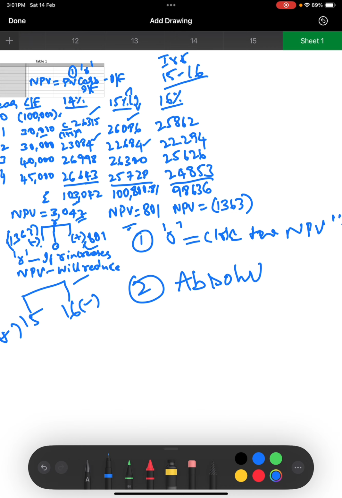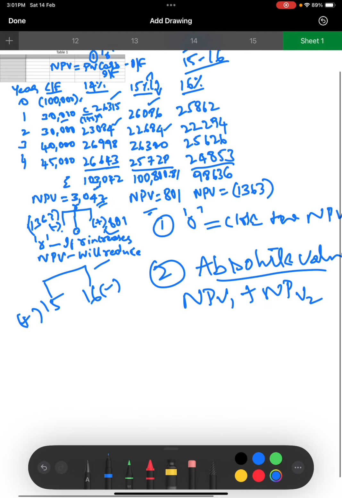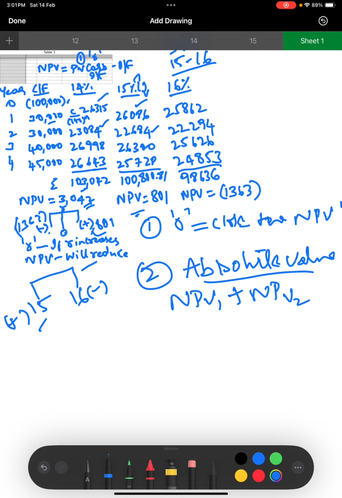The absolute value means simply add NPV1 plus NPV2. Please ignore any negative symbol. So NPV1, let's say, is at 15% and NPV2 is at 16%. NPV1 we got 801 and NPV2 we got 1363. So ignore any negative symbol. If you do that, how much are we going to get?